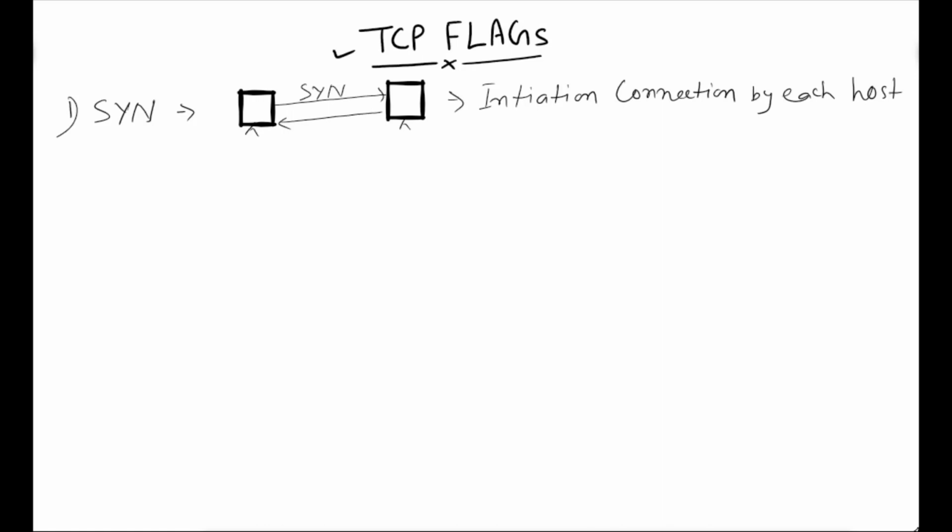The next one is acknowledgement, ACK for short. The acknowledgement flag indicates the acknowledgement after the initial SYN packet sent by the host. Let's say here is PC1 and PC2. PC1 sends a SYN packet to PC2.